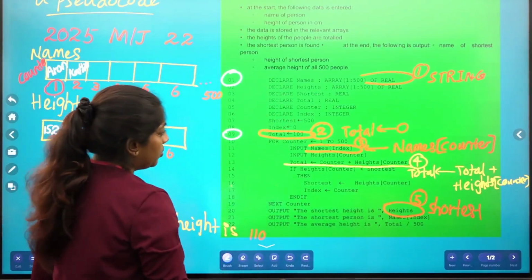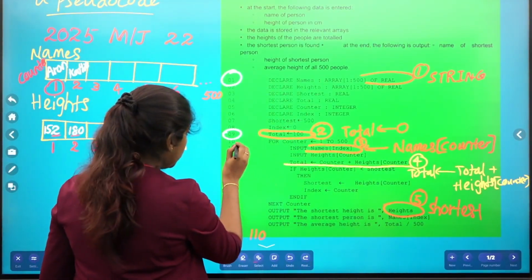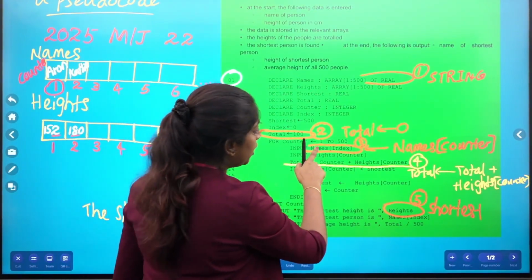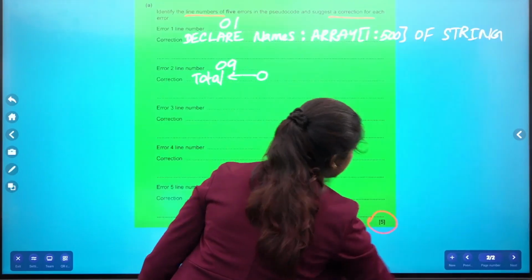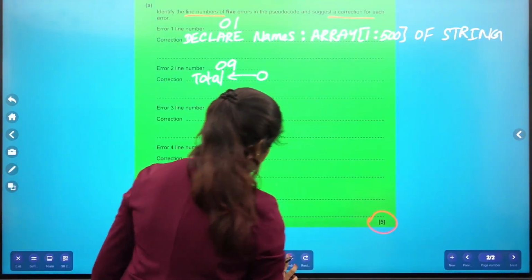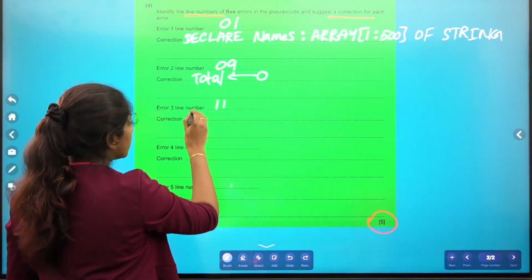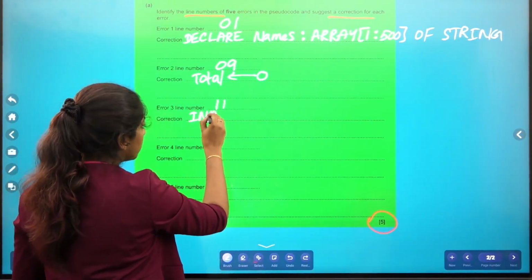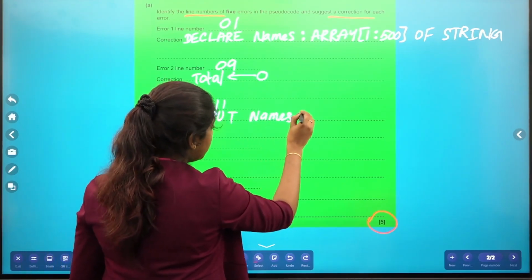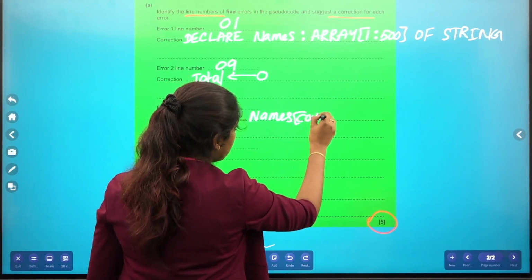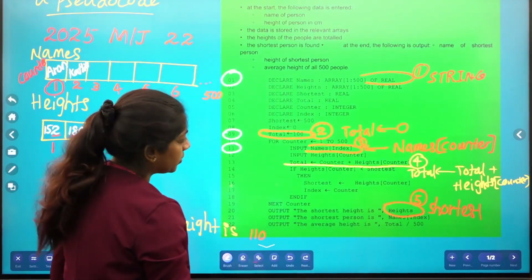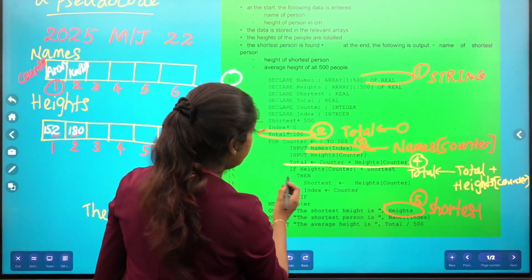Error 3 line number. It is 11. The error is that this has to be input names counter. Let's write that down: 11, input names counter.